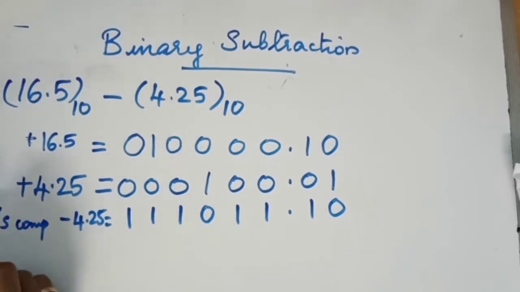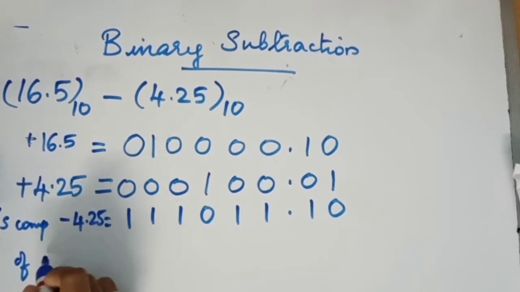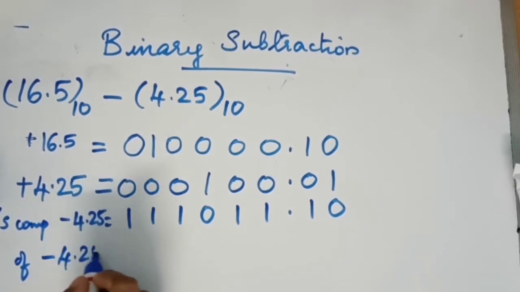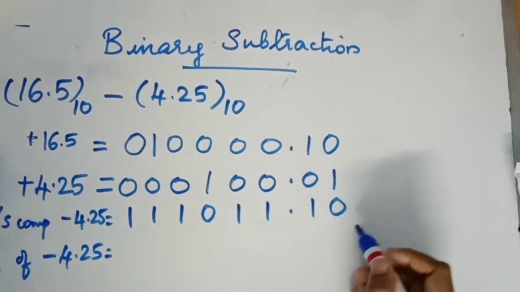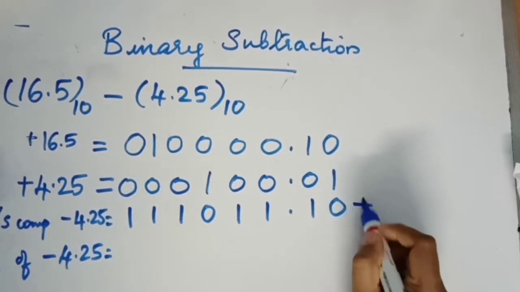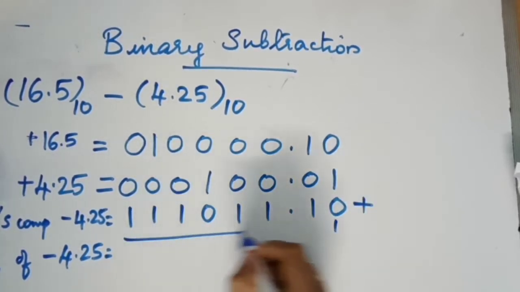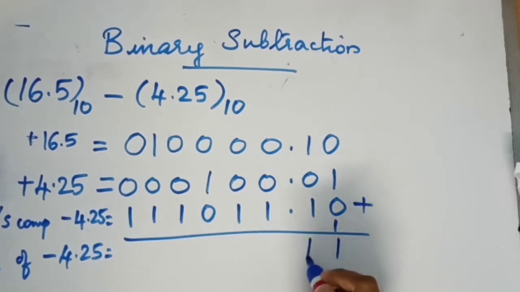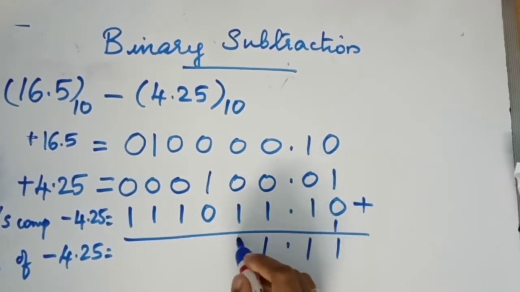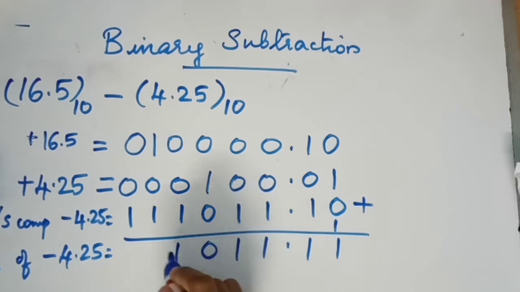Then you have to find the 2's complement of minus 4.25, that is 1's complement plus 1. So that will be 11011.011.